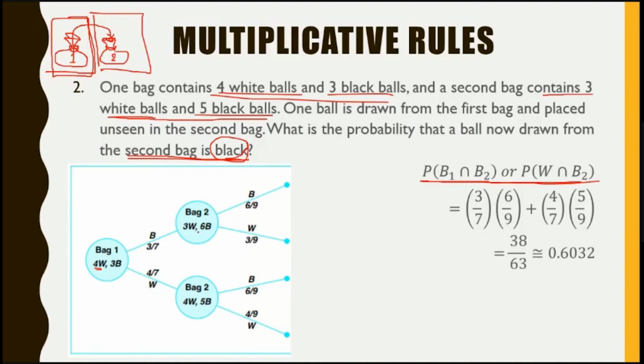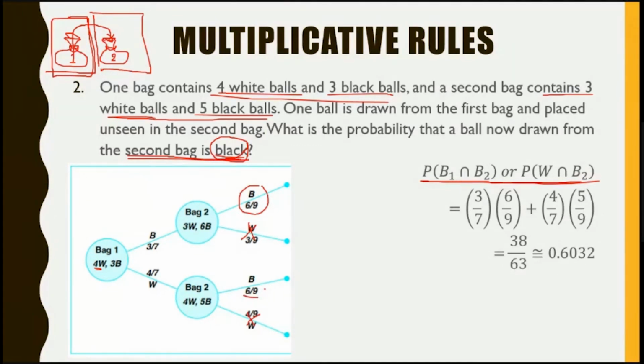Since we already have 9 balls in the second bag because we got one from the first bag, it depends on which color we got from the first bag. So if it's black, the probability will become 6/9. We won't consider the branch where we get white, since we are only concerned with getting a black ball on the second bag. Then here we also have another.